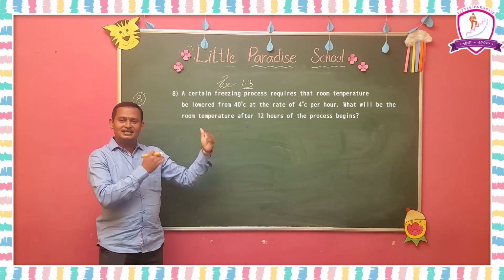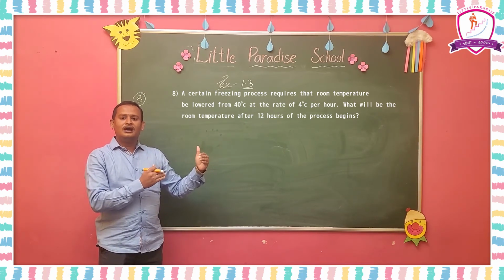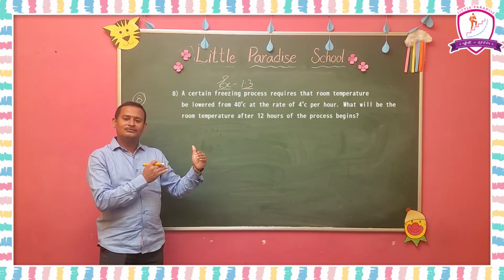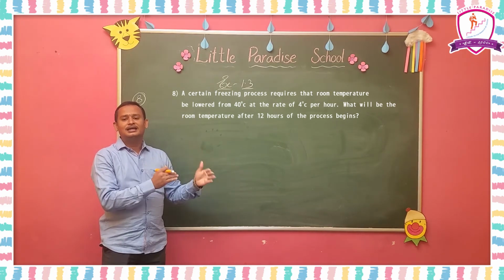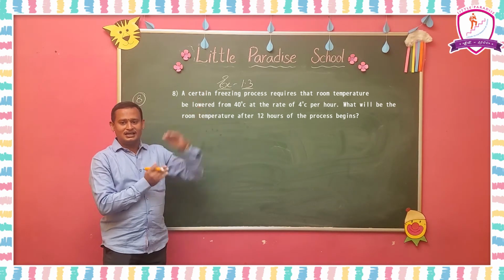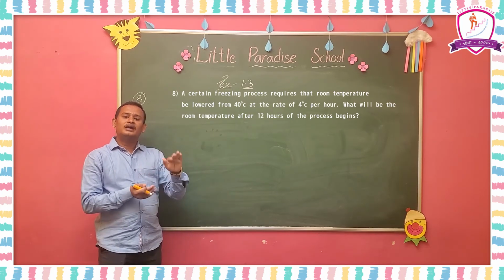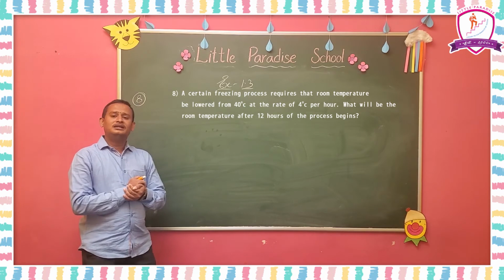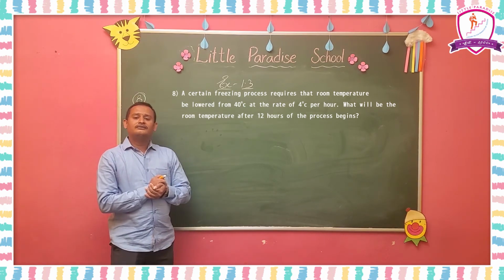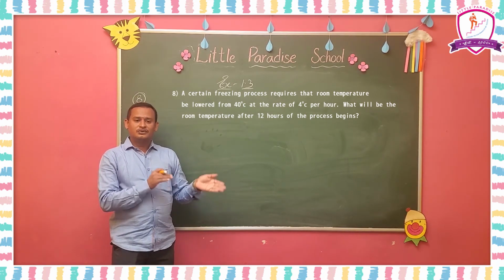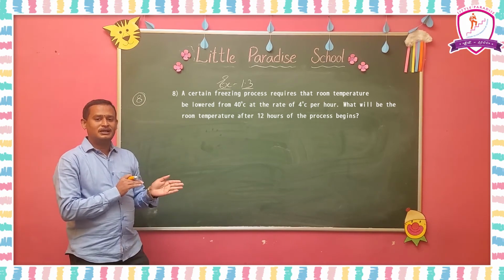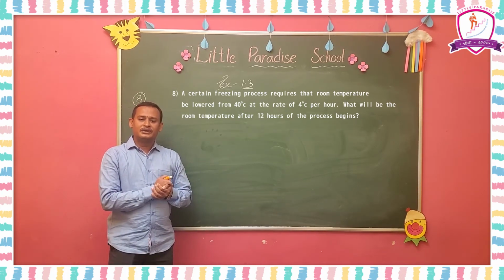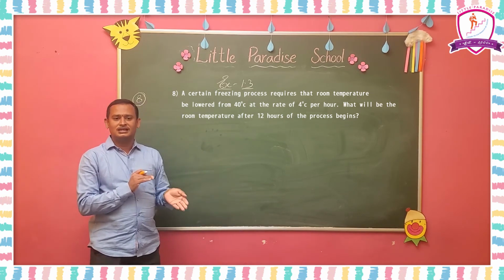So it is decreasing every 1 hour, 4 degrees will be decreased. 4 degrees Celsius will be decreased from 40 degrees. What will be the room temperature after 12 hours? So from the beginning of this process, what will be the temperature after 12 hours he is asking.